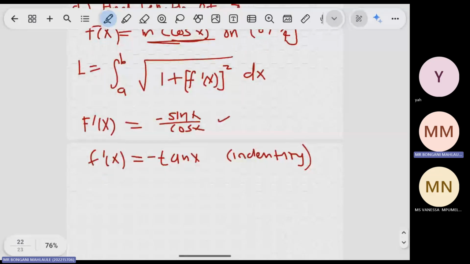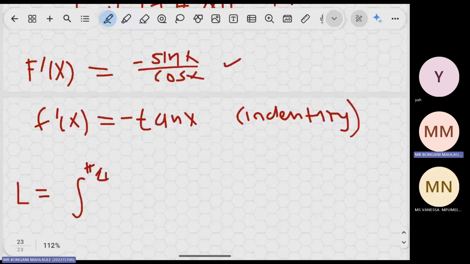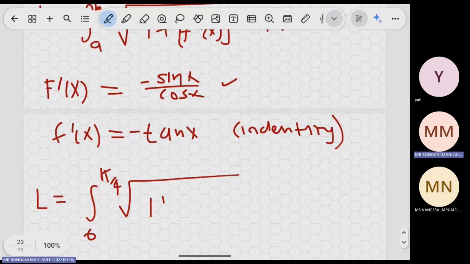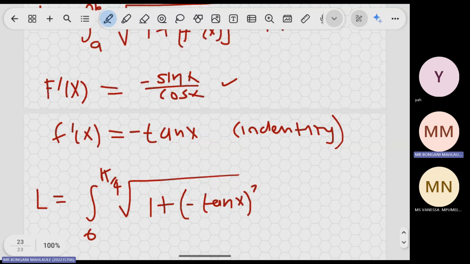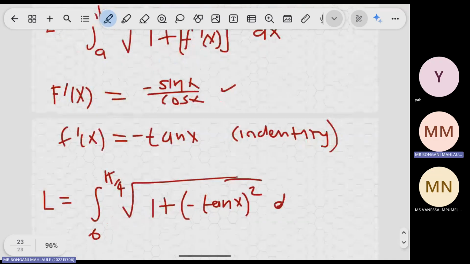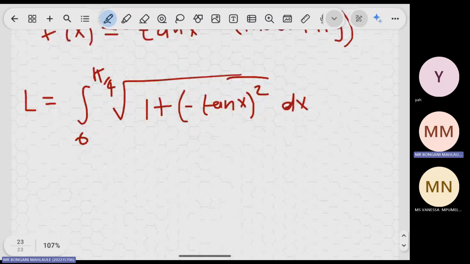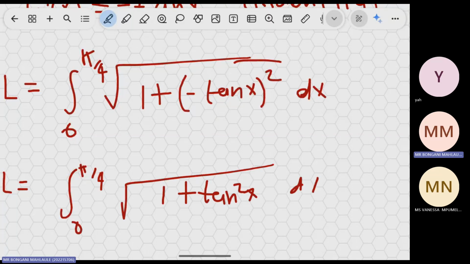Now you just substitute. Then you'll have L. Our interval is 0 to pi over 4, the biggest one is the upper limit and this one is the lower limit. Then you substitute your derivative, negative tan x, squared. Then we get the integral from 0 to pi over 4 of the square root of 1 plus tan squared x dx.